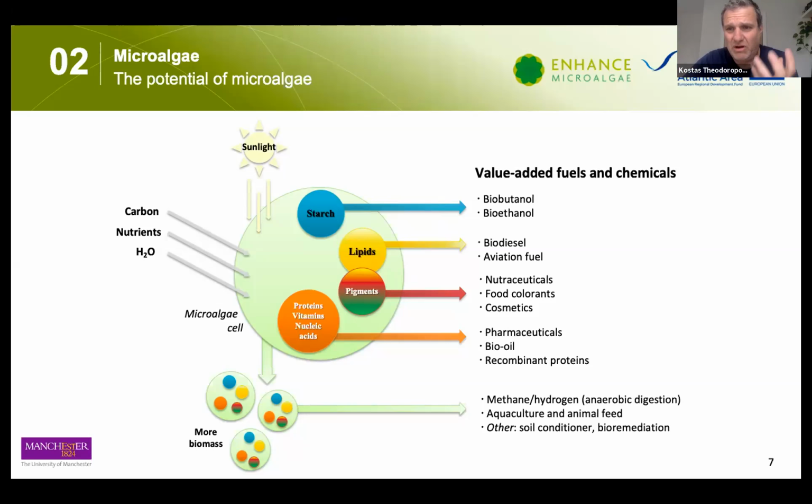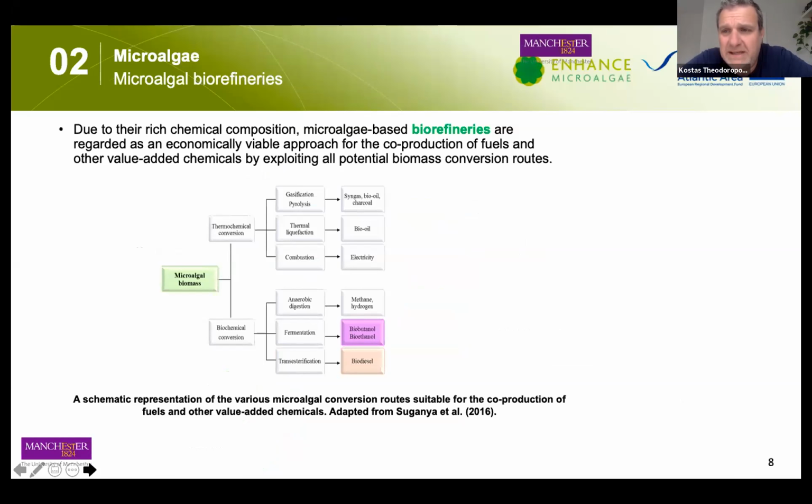So the whole cell is useful. Okay, so this is a schematic of a microalgal biorefinery where you can take microalgal biomass, you can process it either thermochemically or biochemically, or both actually, to co-produce a number of added value chemicals and materials.